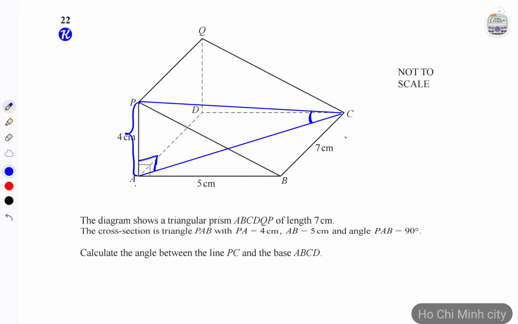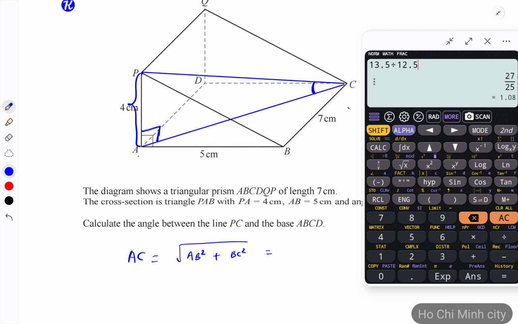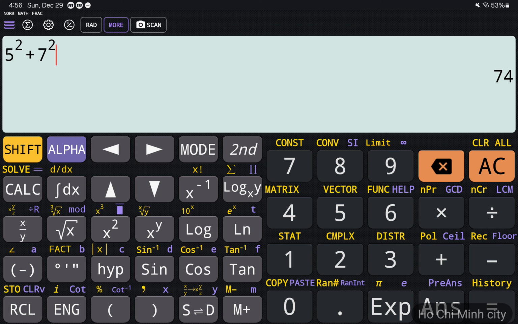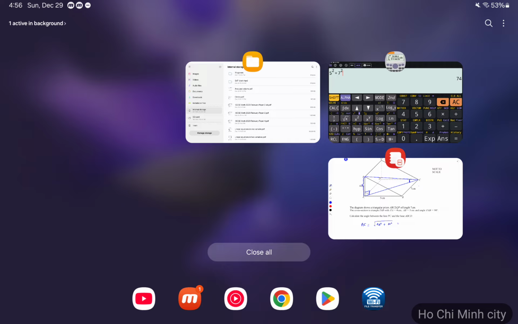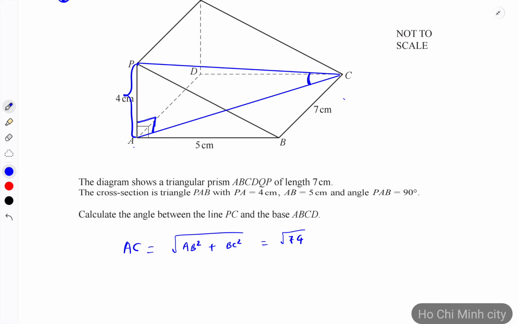So it means that the base ABCD is a rectangle, so we can easily calculate the diagonal. So the AC is going to be square root of AB squared plus BC squared. So that one is 5 squared plus 7 squared, which is 74. Square root of 74. That is the length of AC.